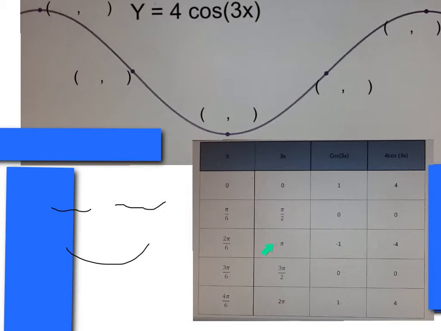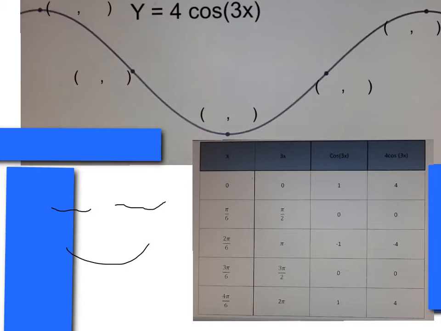Pi divided by 3 is pi over 3. I wrote it as 2 pi over 6, just to keep a common denominator for all these values in the first column. 3 pi over 2 divided by 3 is 3 pi over 6. And 2 pi divided by 3 is 4 pi over 6. So that's it. That gives us our table of values for one wave of 4 cosine 3x.